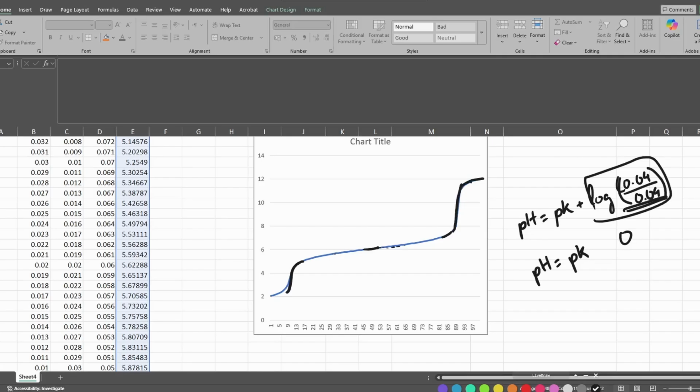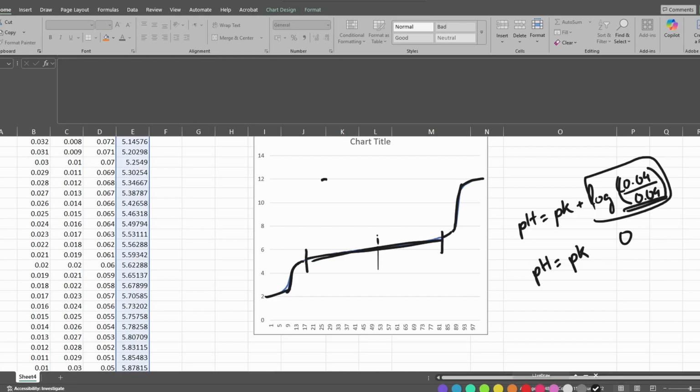I will not go into this plateau here, there is some other reason for that, let's not go into that. But here you can see from pKa to a point here, there is not a very drastic change in pH between these two points.